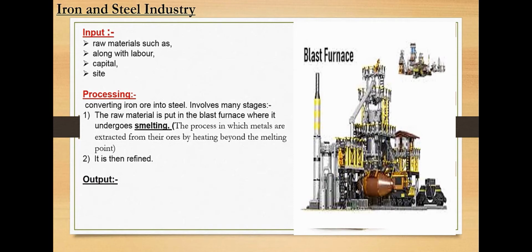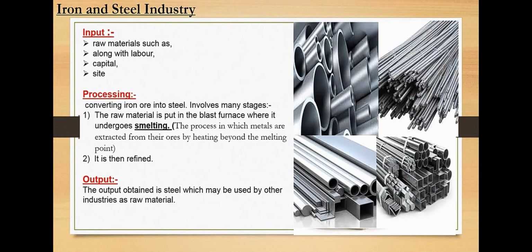Okay, that is called smelting. After that they will refine it and take the waste out. I already said, if you use 8 tons of coal, 4 tons of iron ore and 1 ton of limestone, you will get 1 ton of steel. The steel is obtained as an output in iron and steel industries.